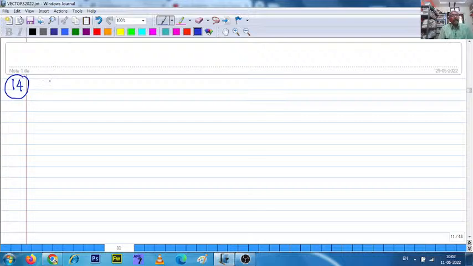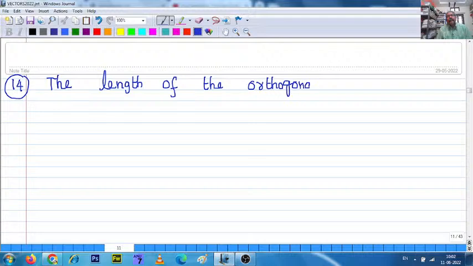The length of the orthogonal projection of B bar on A bar.